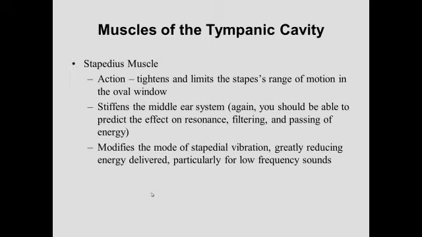The stapedius muscle also stiffens the ossicular chain. It limits the stapes' range of motion, the amount that it can vibrate in and out of the oval window. And again, it adds stiffness to the middle ear system, which means that it's going to shift the resonance frequency higher, but even more important, it's going to filter out or reject low frequency energy.